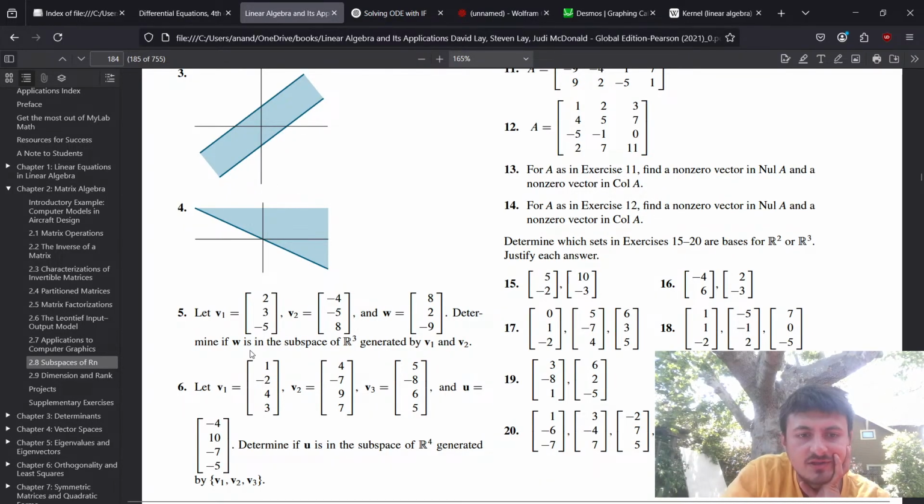Determine if W is in the subspace of R3 generated by V1 and V2. Okay, so wait, hold on. That's a good problem.